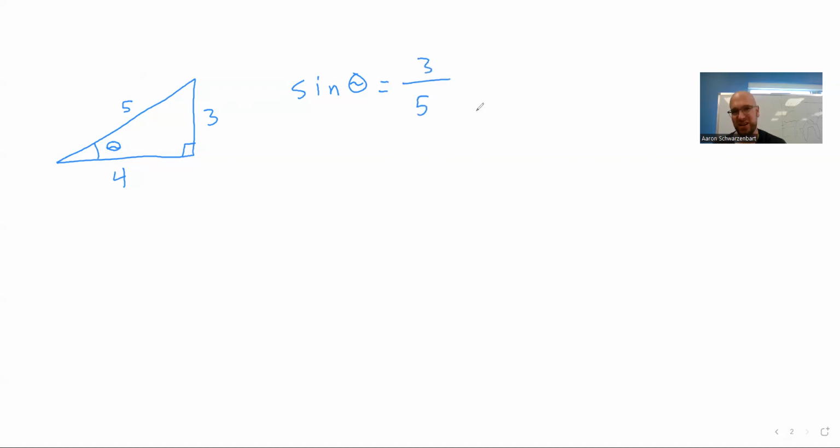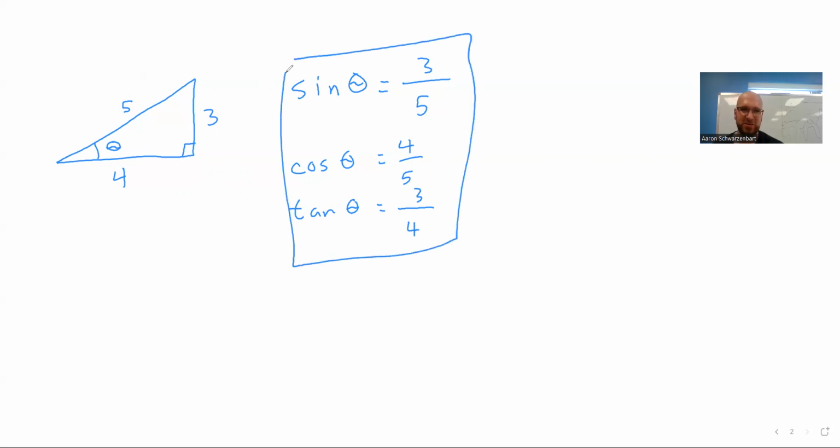So if it says write the sine ratio, you just say 3 over 5, leave it as a fraction. It says write the cosine ratio. The adjacent side is 4. Hypotenuse is still 5. It says write the tangent ratio. Opposite 3 over 4. It says give the 3 trigonometric ratios. You write this for that particular triangle.